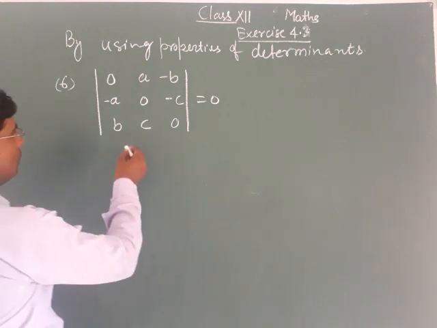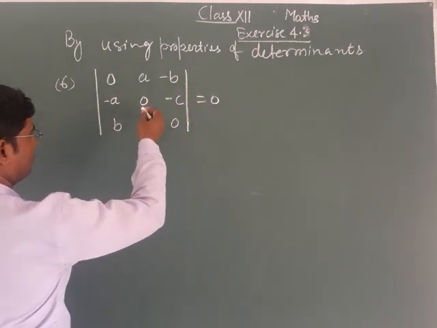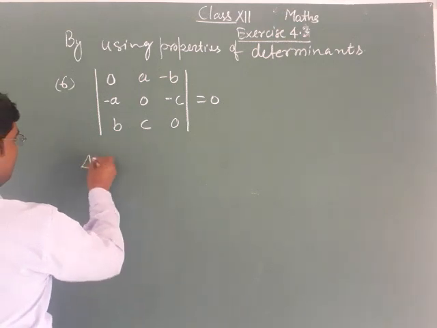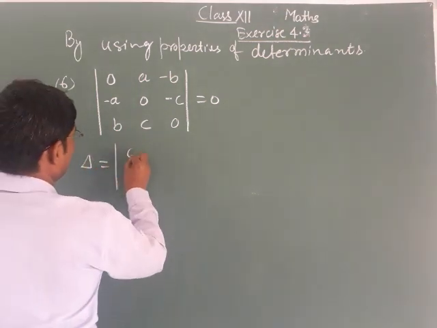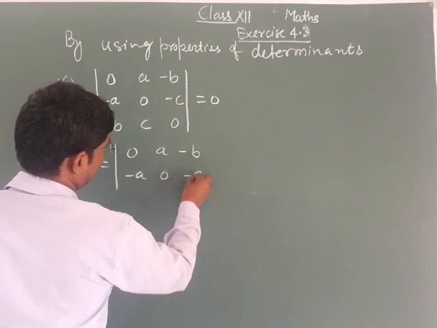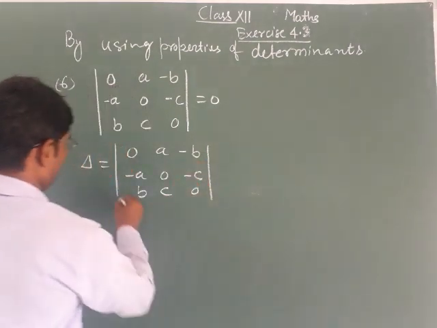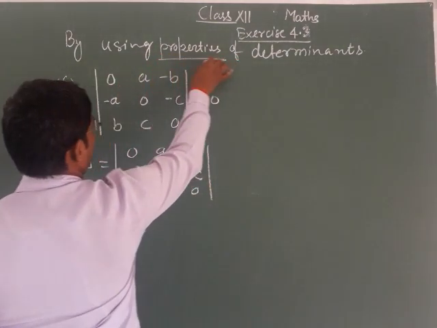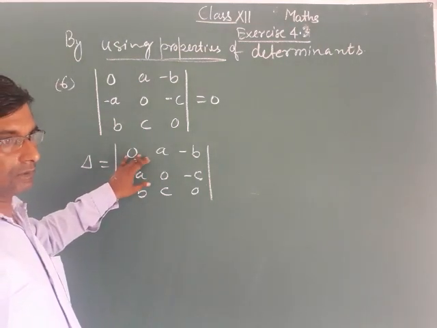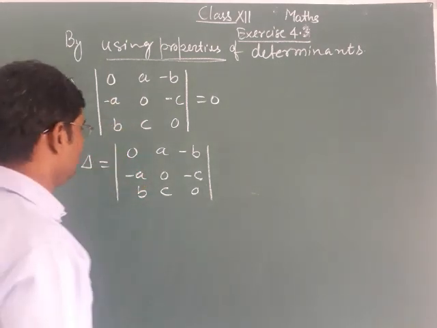Now we prove that the result becomes 0. Let the determinant be this one. We solve it using properties, not by expanding along a row or column.